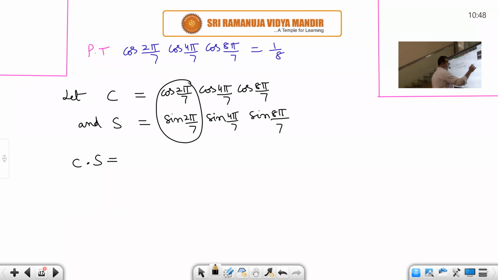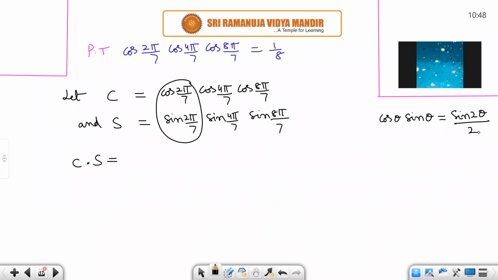They are in the form cos theta into sin theta. Cos theta into sin theta is sin 2 theta by 2, is it not, Madhuri? Yes, sir. Cos theta into sin theta is sin 2 theta by 2. So therefore, tell me, these 2 factors after multiplication become what? Sin 4 pi by 7 by 2, sir.